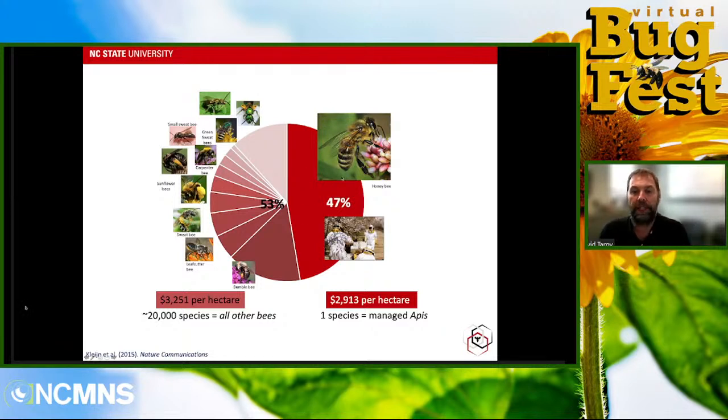So both are equally important. Our managed honeybees that live in colonies and are transported around by beekeepers account for about half of the productivity of the bee-pollinated food that we eat, but the native bees account for the other half. And so we can't neglect one over the other. We definitely need both within the system.